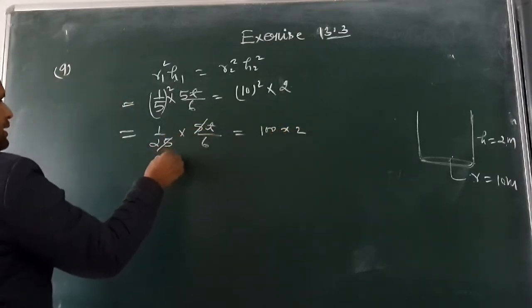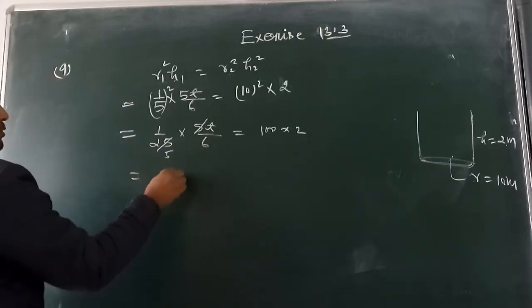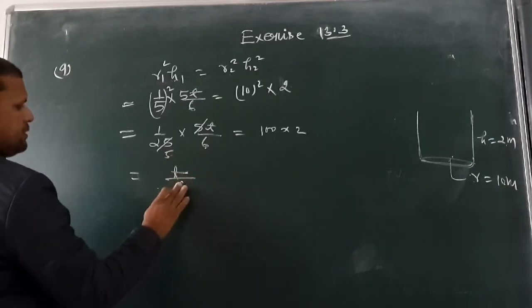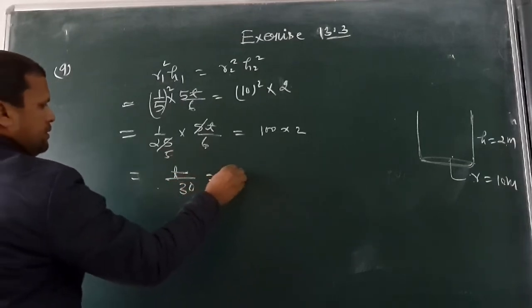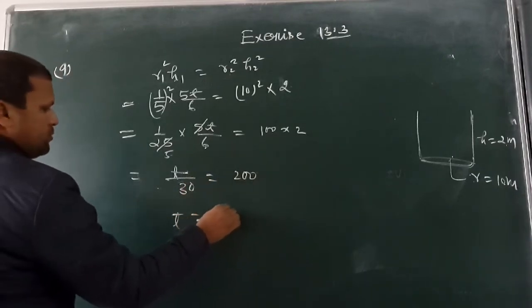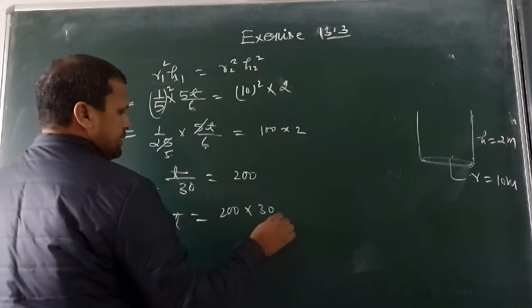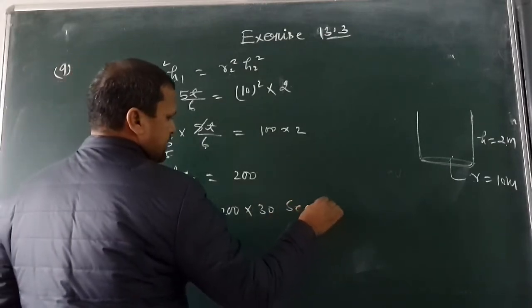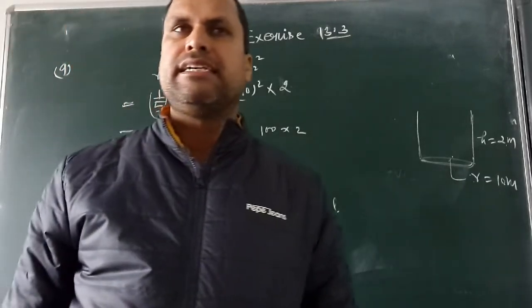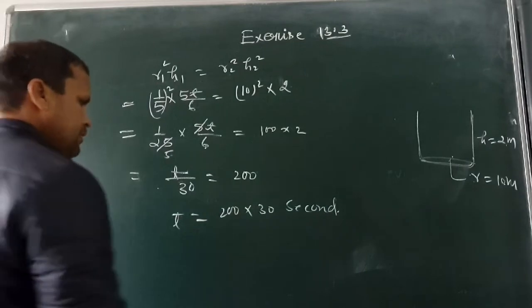So it is the 5. So t upon 30, this is equal to 200. So t equal to 200 into 30, it is in seconds. Since it is more than 60, we can change it into minutes. Okay?